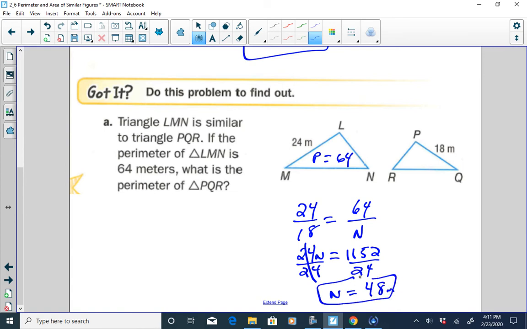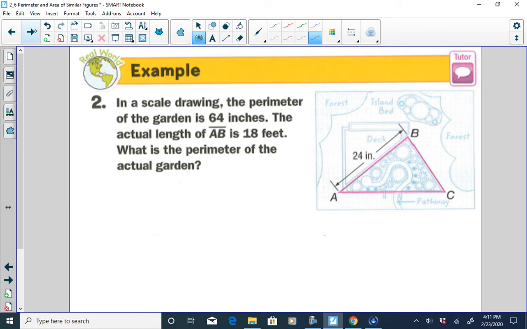All right. Next problem. In a scale drawing, the perimeter of the garden is 64 inches. So that's the perimeter of the garden in the drawing. The actual length of segment AB is 18 feet. So that's the actual length of the garden. The corresponding segment, we want to know the perimeter of the actual garden. Okay, so let's set up our proportion. We use the ratio of the corresponding side lengths, so that's 24 inches to 18 feet. That is equivalent to the ratio of the perimeters.